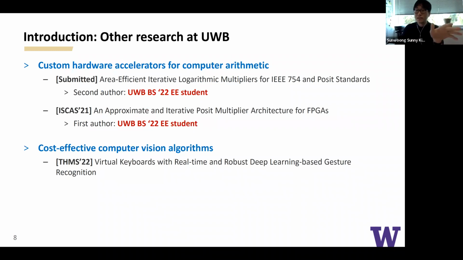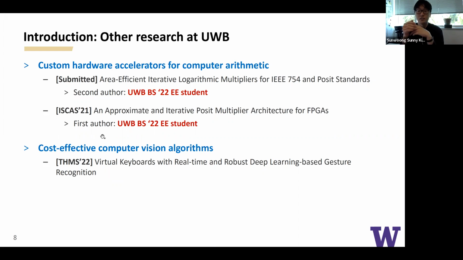So for reference, one Bothell undergraduate EE student, I think he's here, and I are doing research on custom hardware accelerators for computer arithmetic. Specifically, we are doing research on FPGA-based hardware accelerators of real number multipliers. And the result was presented at a conference.